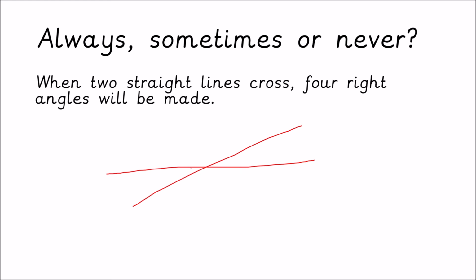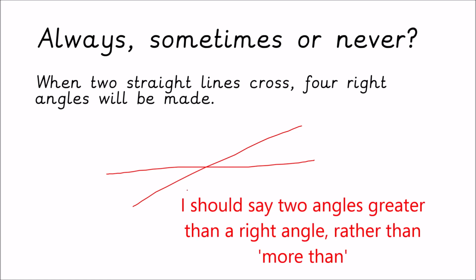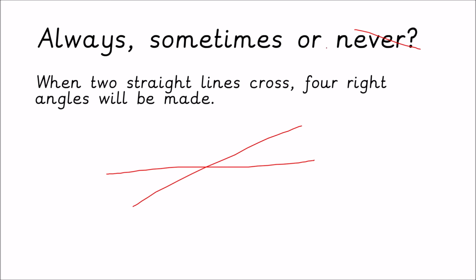And if it crosses like that, you get 2 acute angles, 2 angles less than a right angle, and 2 angles more than a right angle. So it's not never true, because sometimes they do make right angles. It's not always true, because sometimes they don't make any right angles at all. Sometimes it is true.